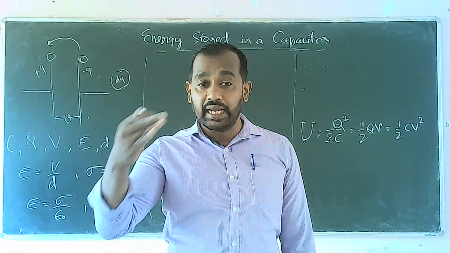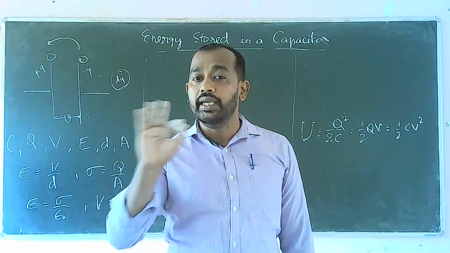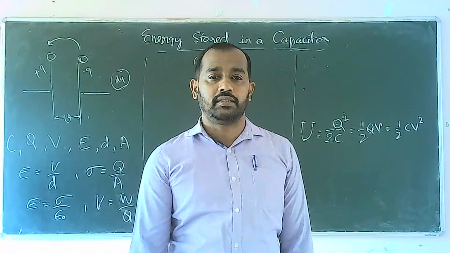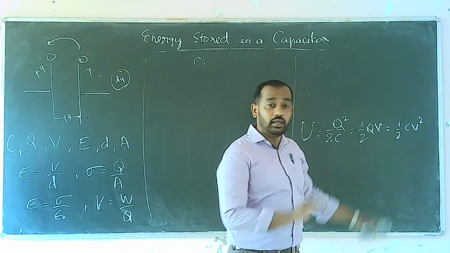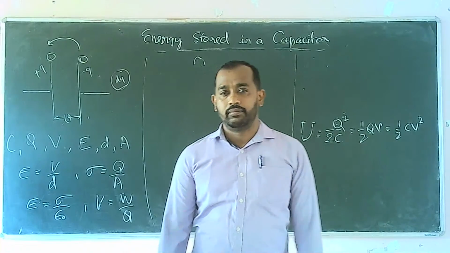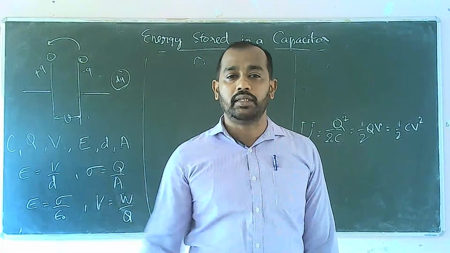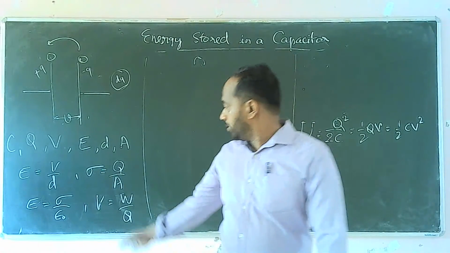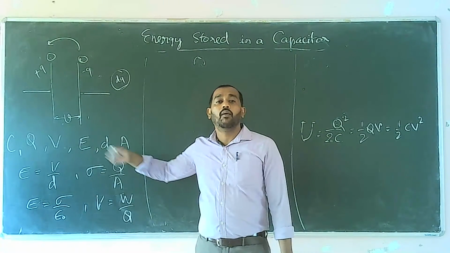Remember that in the final expression, only the electric field E is present. All these terms, whether it is Q, C, V, do not appear. Our objective is to eliminate all these terms here. How do we do that? Using the knowledge we have already gained.